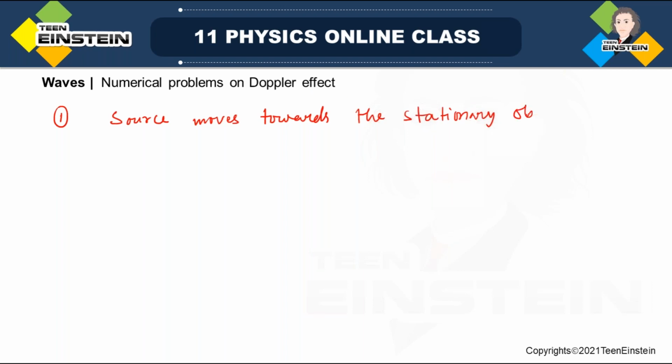In that case, the frequency observed by the observer will be nu prime is equal to v by v minus vs into nu, where this nu prime is the modified frequency which the observer will hear.